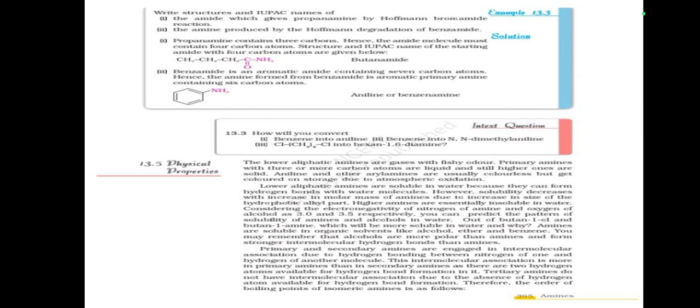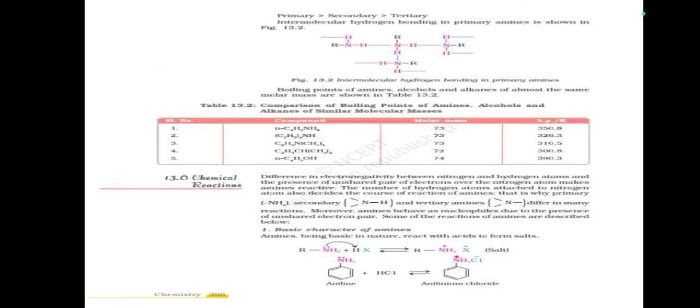Tertiary amines do not have intermolecular association due to the absence of a hydrogen atom available for hydrogen bond formation. Therefore, the order of boiling points of isomeric amines is as follows: primary is greater than secondary is greater than tertiary. Intermolecular hydrogen bonding in primary amines is shown in figure 13.2. The boiling points of amines, alcohols, and alkanes of almost the same molar mass are shown in table 13.2.